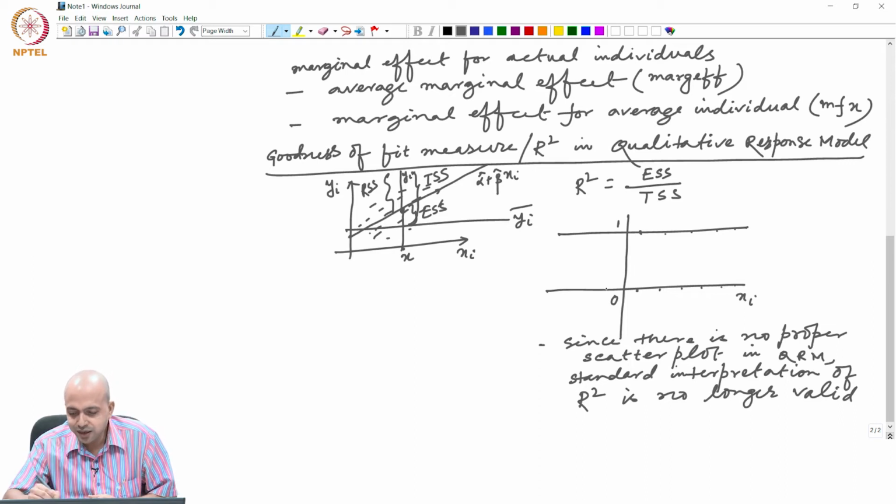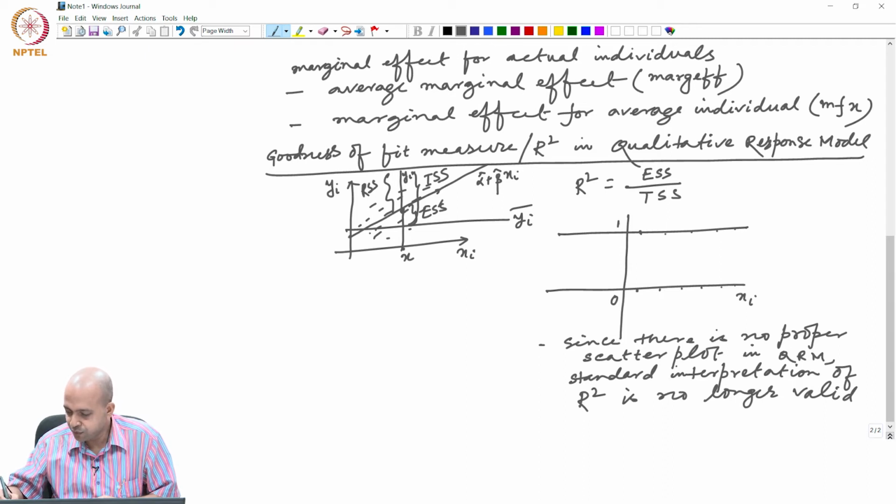And unless I get that type of regression line, I cannot apply the ESS by TSS formula to get the R square. So, what we need to do is derive alternative measures of R square.